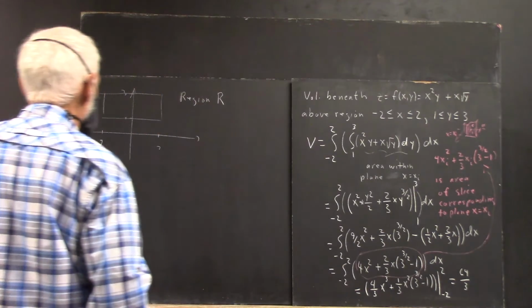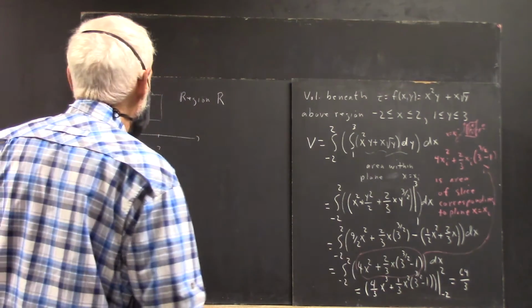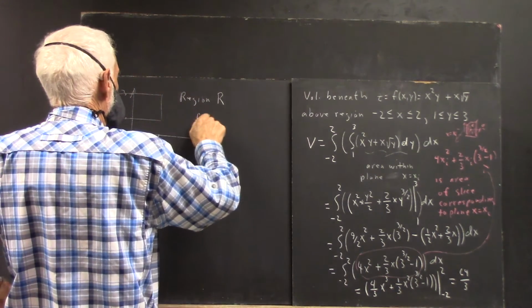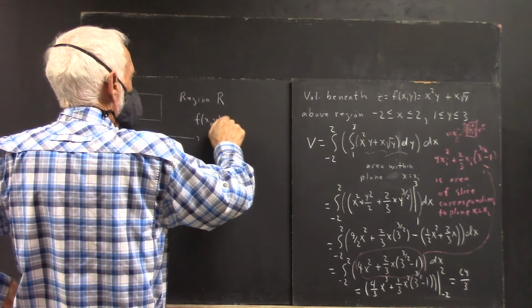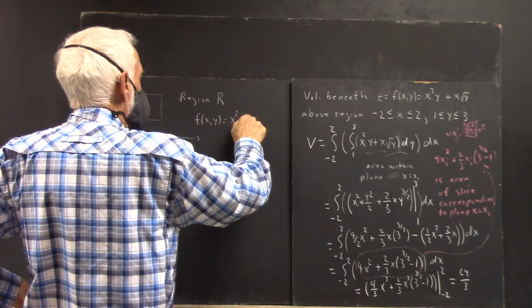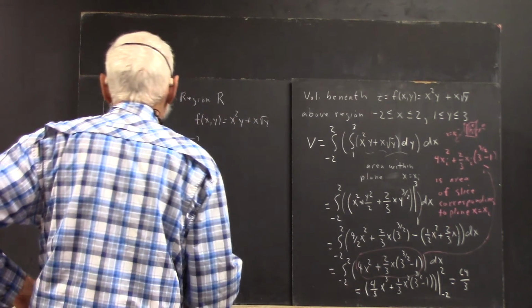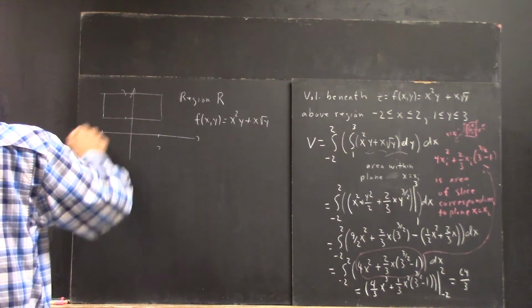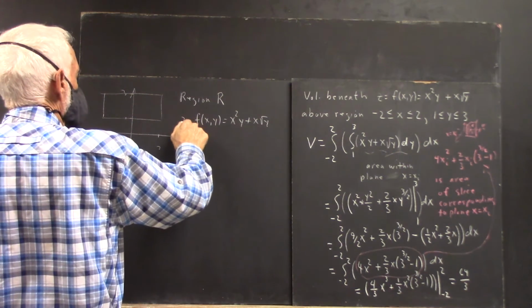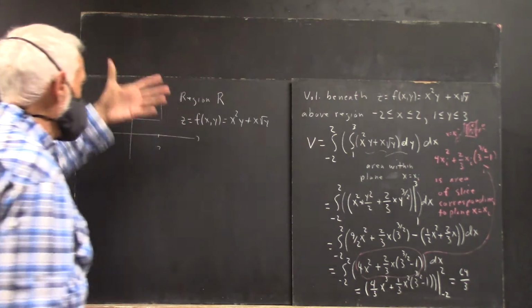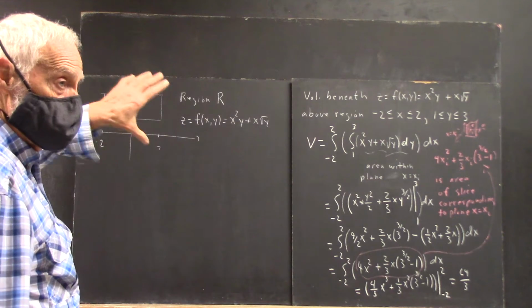Call the region R. And we haven't sketched the 3 dimensions, but Z's out this way.